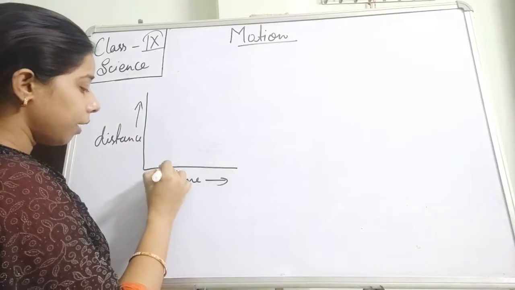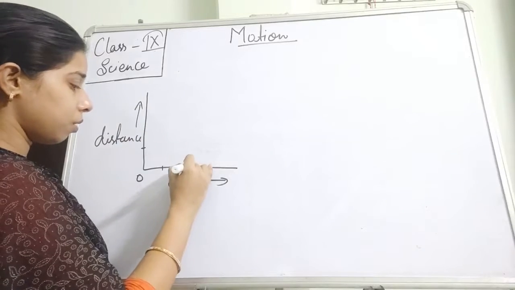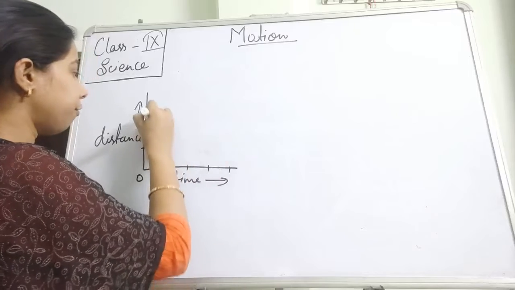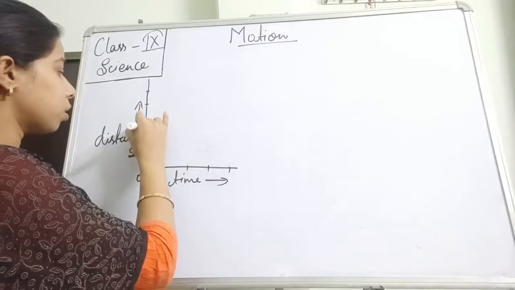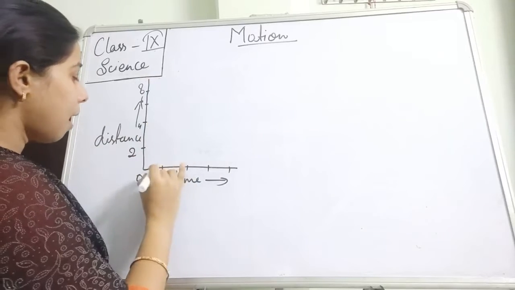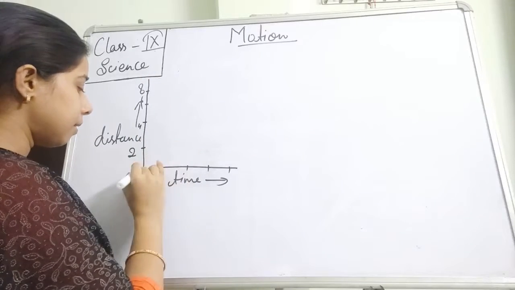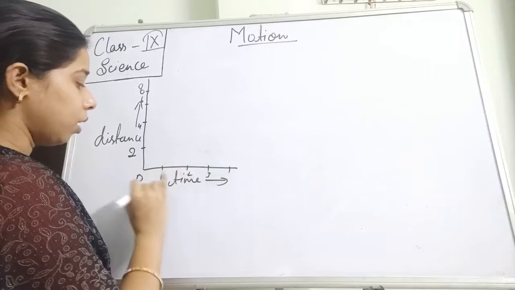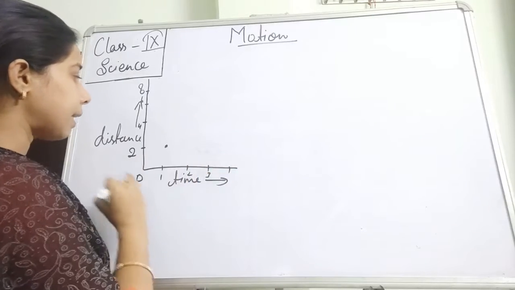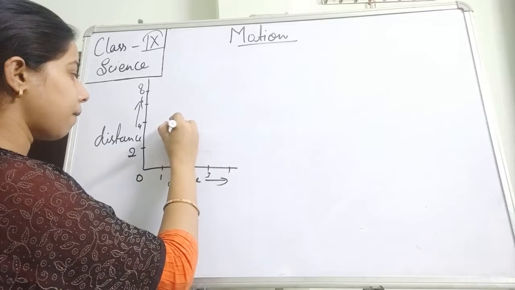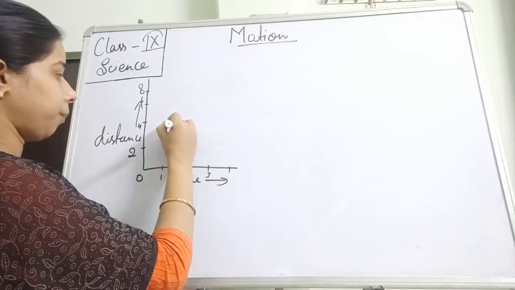Now suppose this is 0, this is 2, this is 4, this is 6 and this is 8. At 1 second, it is at 2. At the second second, it is at 3.